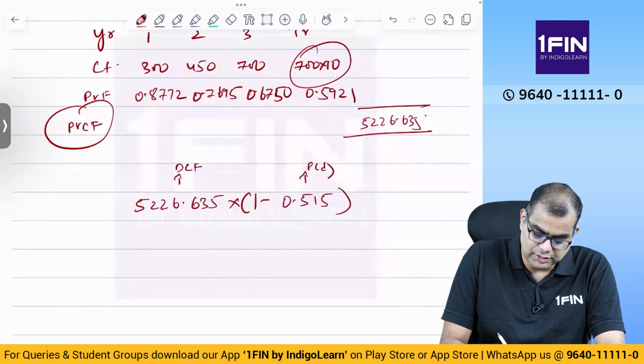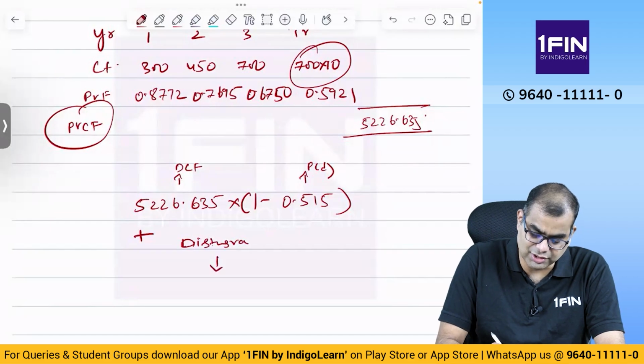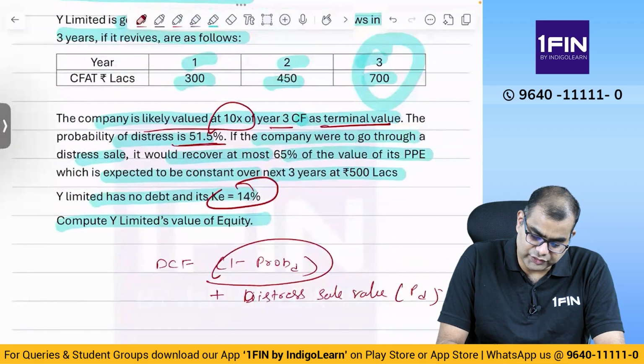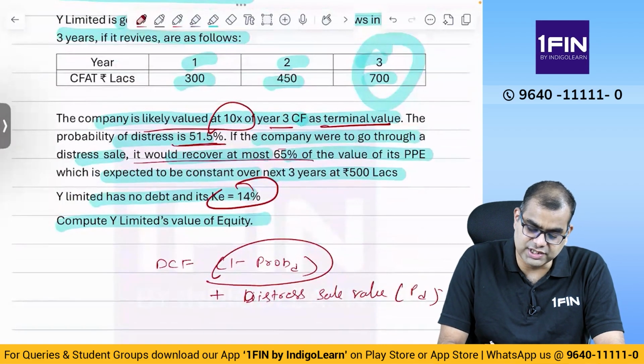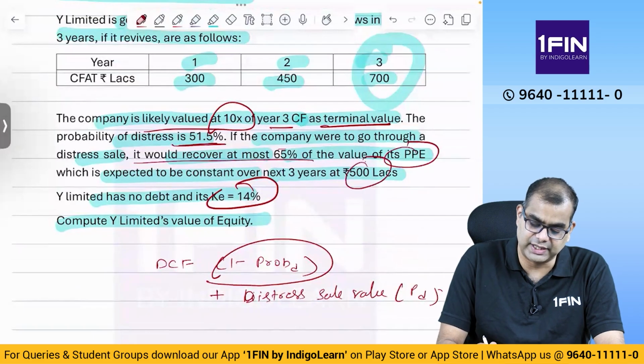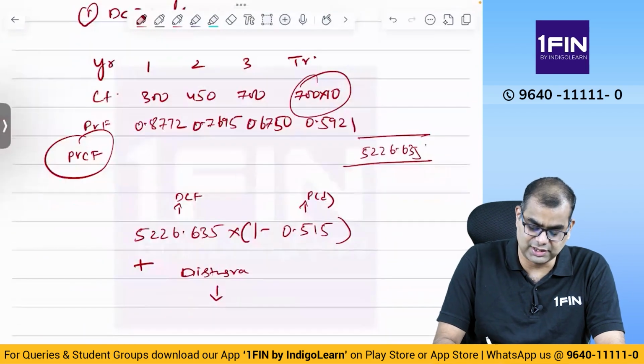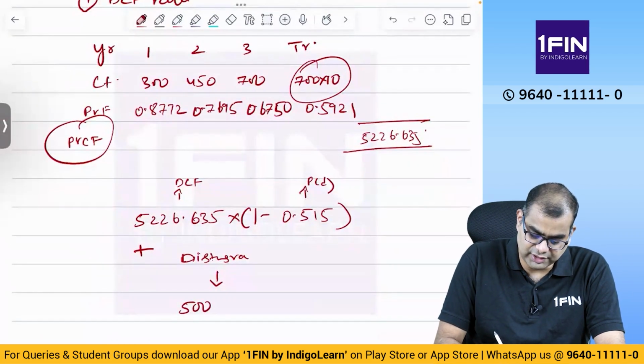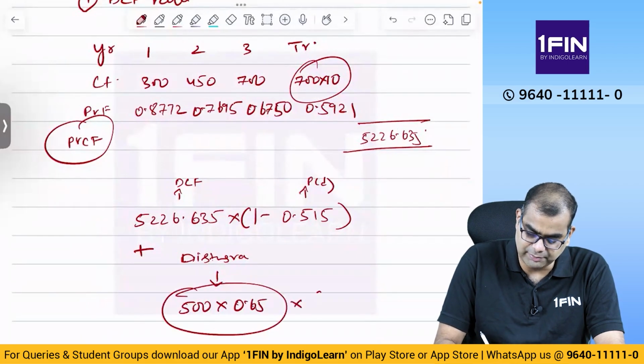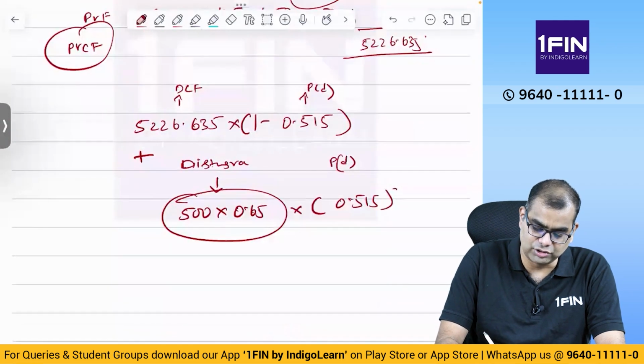Then this plus distress value, which is how much? What did they say? If the company were to go through a distress sale, it would recover at most 65% of its PPE, which is 500 lakhs, any time in the next 3 years. So, 500 into 0.65, this is the distress value, multiplied by the probability of distress, which is 0.515. So, you add both of these.